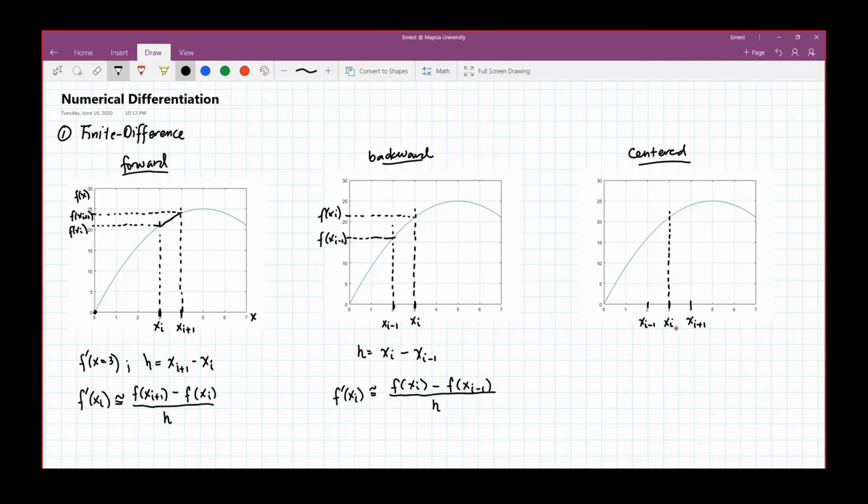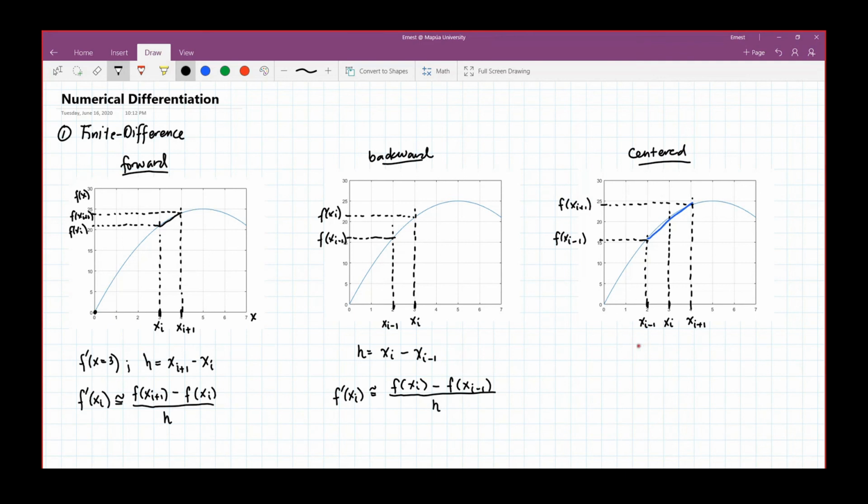So here we are centering your point where you want to calculate your derivative. We're now going to look into the slope of this line. Here, this is f at xi minus 1, and this is f at xi plus 1.